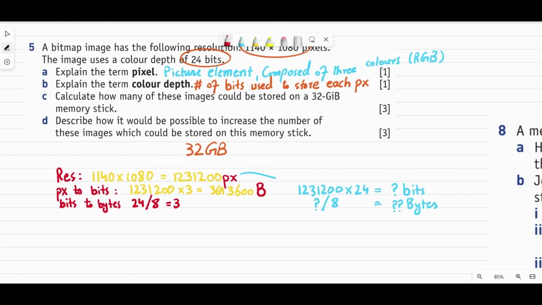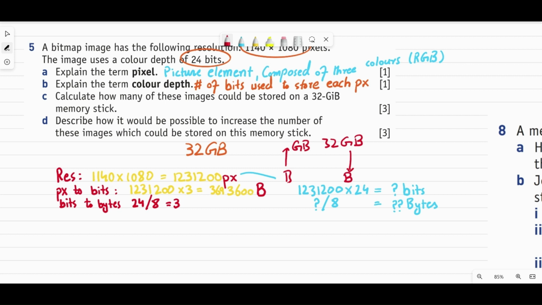So instead of bringing bytes up to gigabytes, we'll convert 32 GB to bytes.